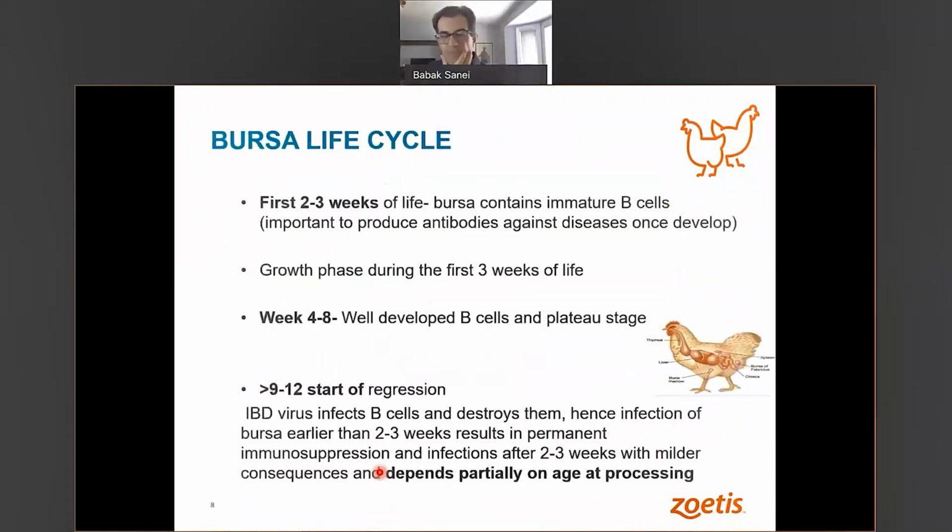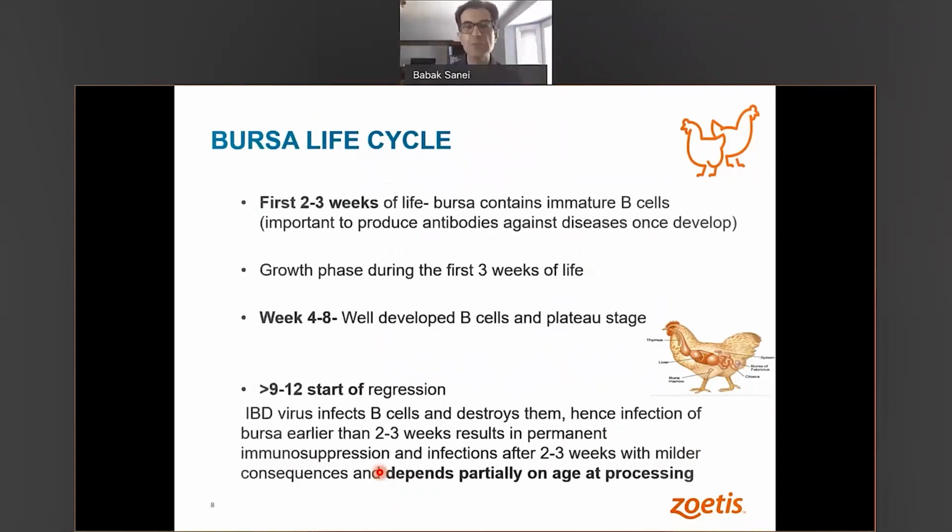Now, when we think about the bursa, you have to realize that if you weigh the bursa and weigh the body weight and get the ratio of the bursa to body weight, actually the bursa becomes bigger as the bird ages. So in other words, that ratio of bursa to body weight will increase to a certain stage.